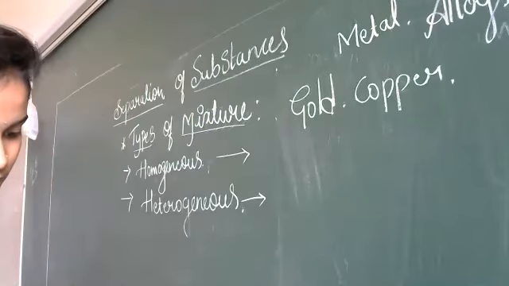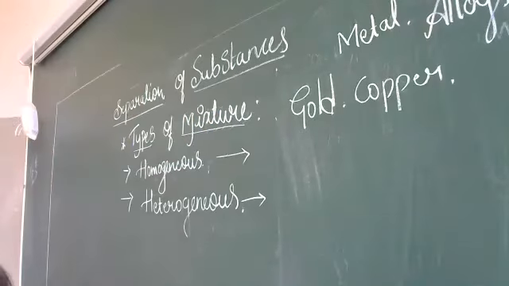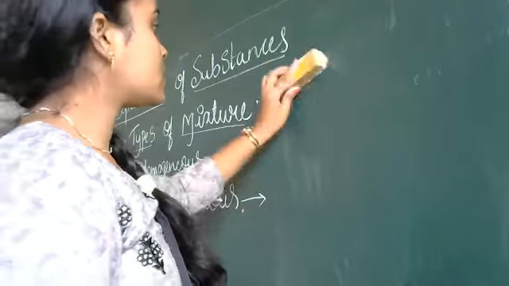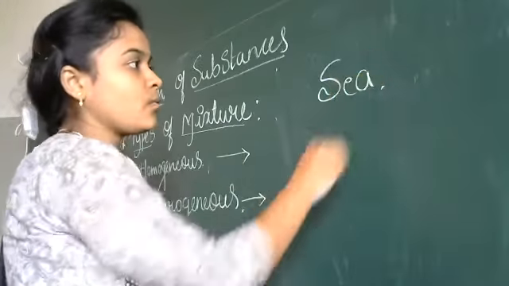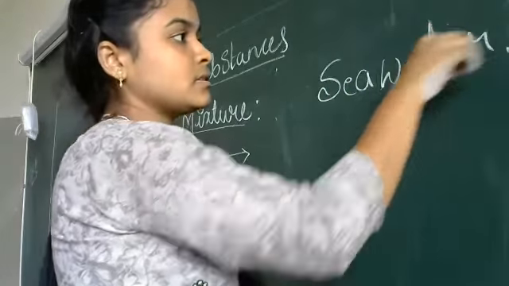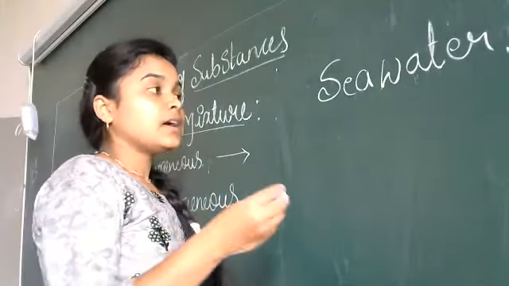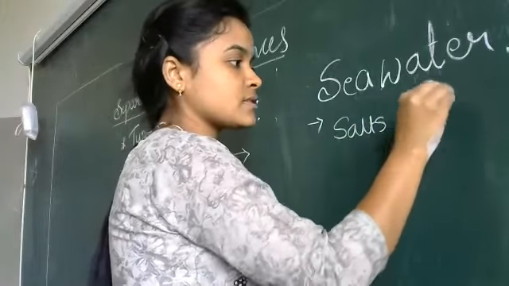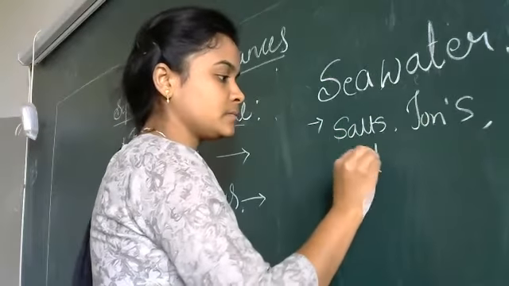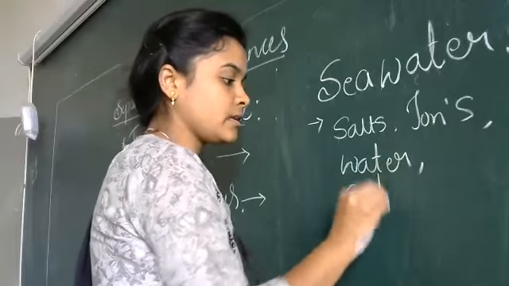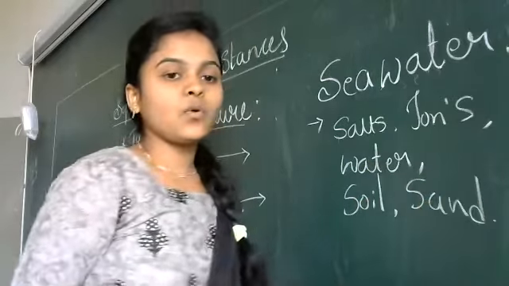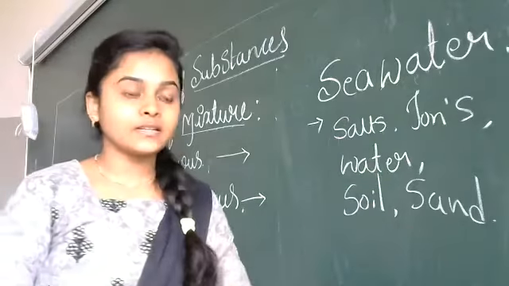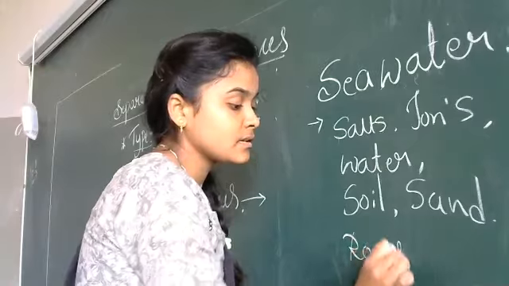Understood? Okay. One more example, that is sea, ocean. Have you seen the ocean? Sea water. In sea water, again there are many components like salts, ions, water, soil, sand and rocks.